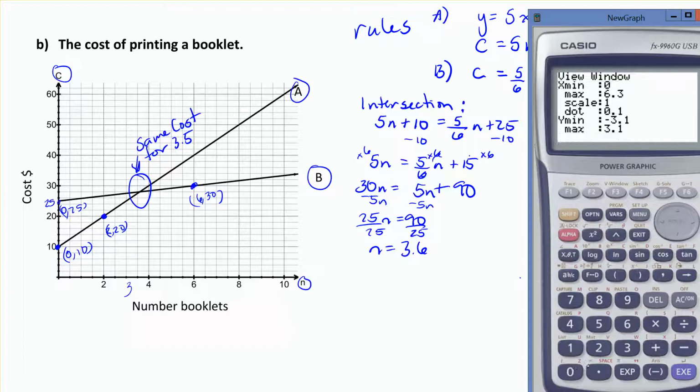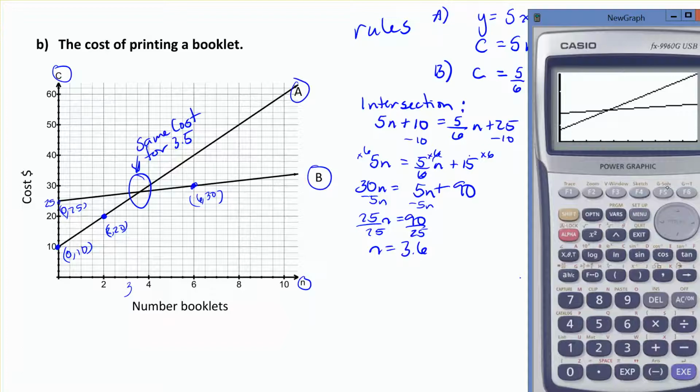So my x min will be 0, and I'll go to 10, and my y min will be 0, and I will go up to 60. And you should be able to see your graph there, and now I can use G-Solve, and remember ISCT is my intersection. So there we are, and I can see that it's at 3.6 at a cost of $28.